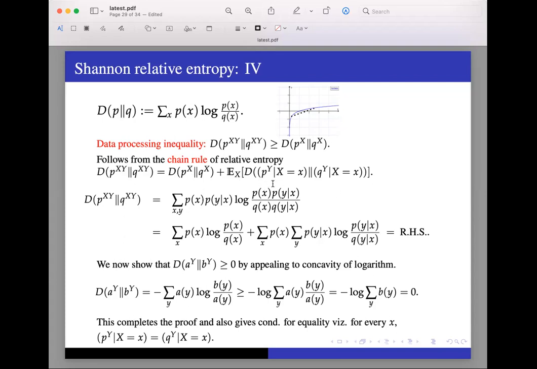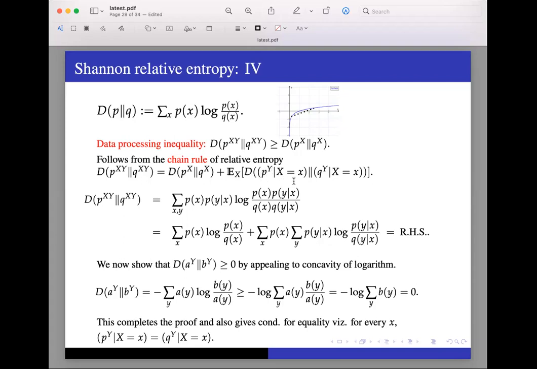So let us fix capital X to some instance, to some symbol little x. So this induces a conditional distribution on Y. So that's what this notation means.